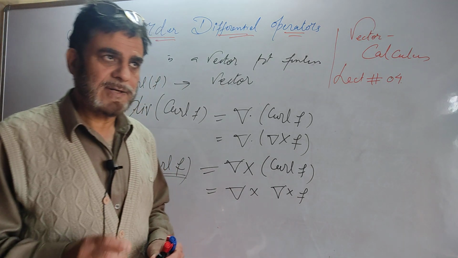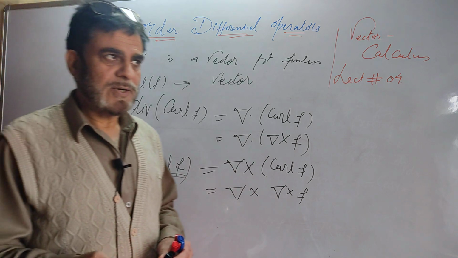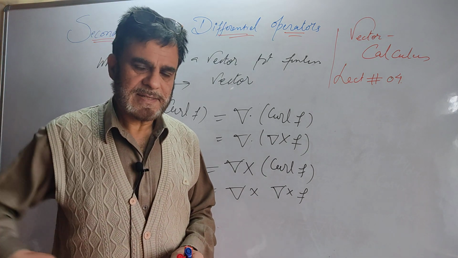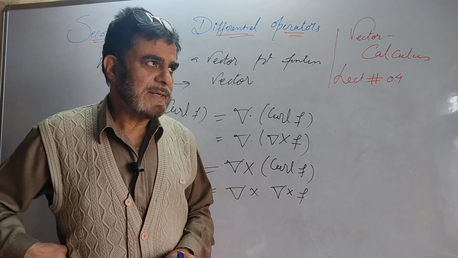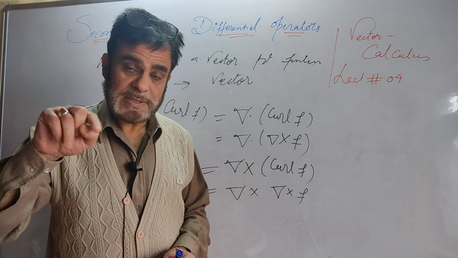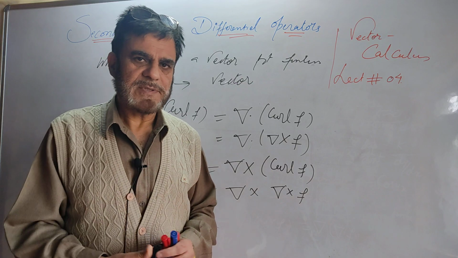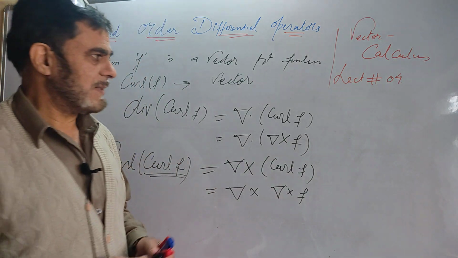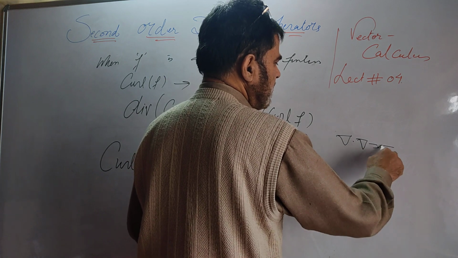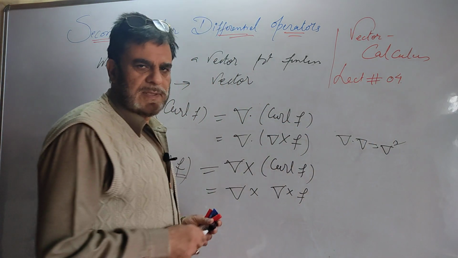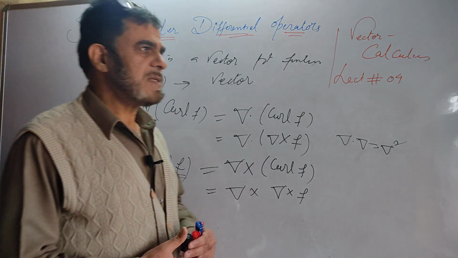When you write del dot del, when you write del cross del, it is second order, because del dot del involves del operator dot del operator, del square. Sometimes we write del 2, the pronunciation del 2, not del square. You may read del square, but proper is del 2.